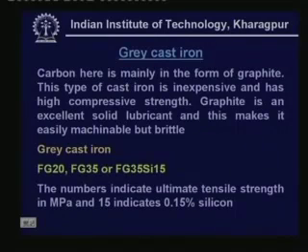Now if you just take up the last one, FG35 SI15, it has a meaning: the number indicates ultimate tensile strength in megapascal. You know ultimate tensile strength, I think you have seen the stress strain diagram.